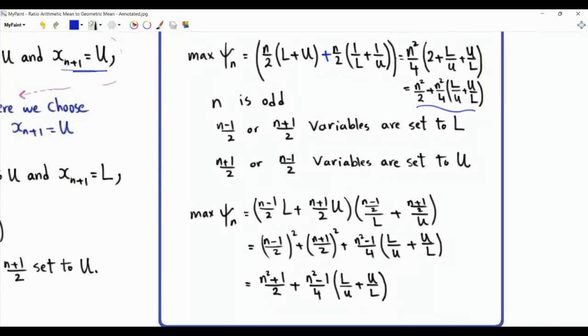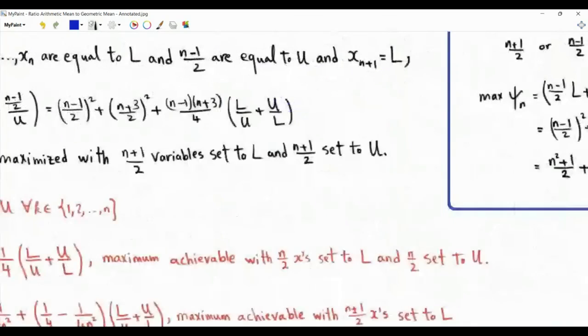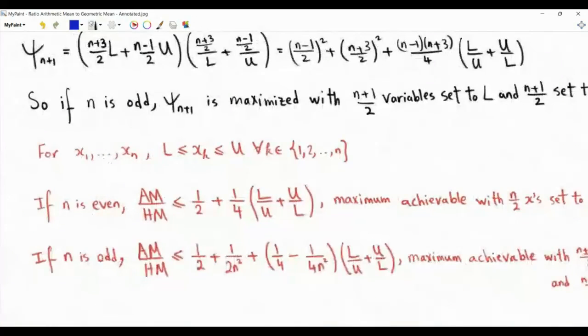Our quantity of interest is the ratio of the arithmetic mean to the harmonic mean. Basically the ratio is psi_n divided by n squared. So we can take those and divide by n squared, and our final result will be: if we have n variables living between L and u, and L is strictly greater than 0, then if n is even, this is the maximum possible value of the ratio of the arithmetic mean to the harmonic mean, achievable when half the x's are equal to L and the other half are equal to u.